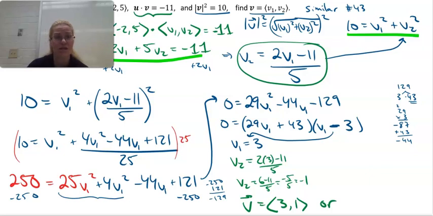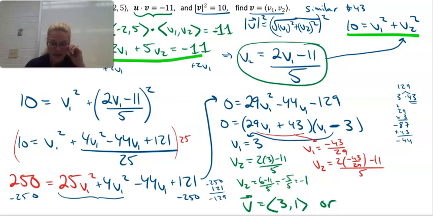Or the other solution is when v1 is negative 43 over 29. All right, that's less fun. If that's my solution, then again, v2 is going to be 2 times negative 43 over 29 minus 11 all over 5. I'll save you a little bit of time. This works out to being negative 81 over 29.